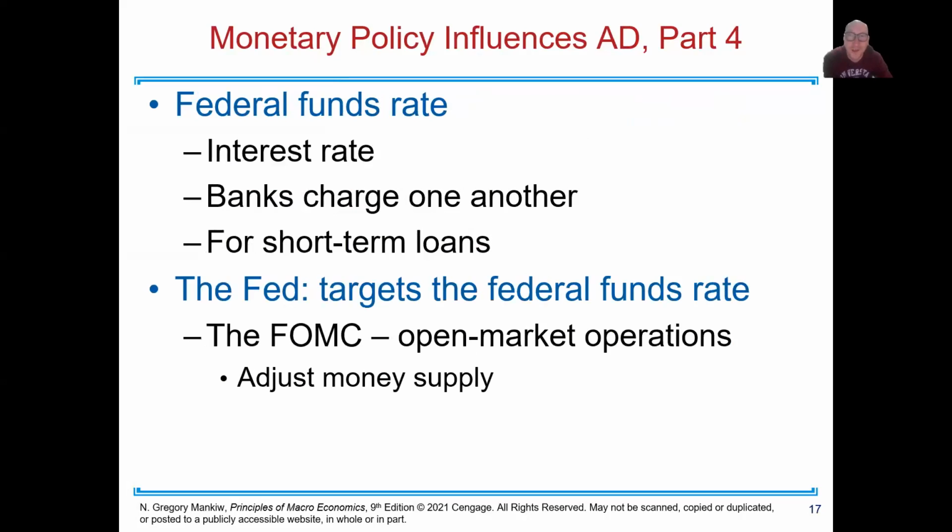When it comes to the federal funds rate, we look at things like the interest rate, bank charges, and short-term loans. The Federal Reserve targets the federal funds rate based off of the Federal Reserve Board meetings and open market operations. That's when they decide to adjust the money supply.